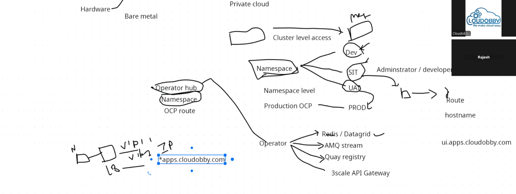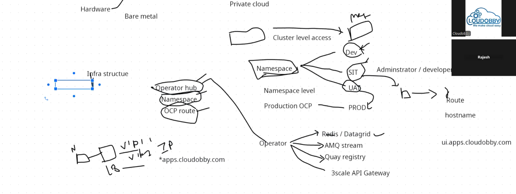So the route is nothing but exposing your deployed container to be accessed outside. That is the OCP route. So that covers operator hub, namespace, and OCP route. In the infrastructure, I mentioned something called an infrastructure node. OCP has three kinds of nodes: infra node, master node, and worker node.